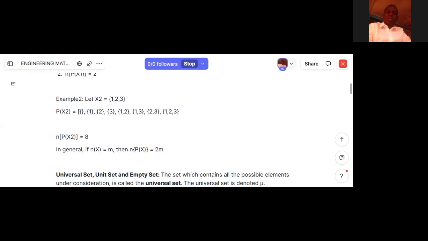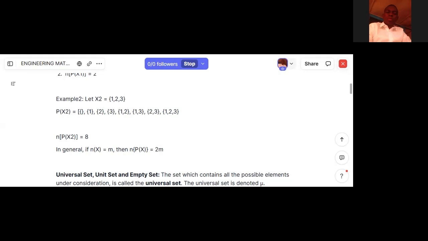Now, what is the power set of X2? We have the null set, element 1, element 2, element 3, and sets of 1 and 2, sets of 1 and 3, sets of 2 and 3, and finally the set of 1, 2, and 3.